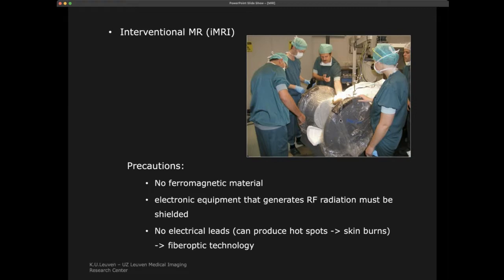Plus, the RF that is being used for the imaging can generate artifacts in, for example, anesthetic equipment. So you have to make sure that all of these things are not causing artifacts. That means that in reality, while theoretically it's possible, MRs are rarely used in an operating theater for live imaging.